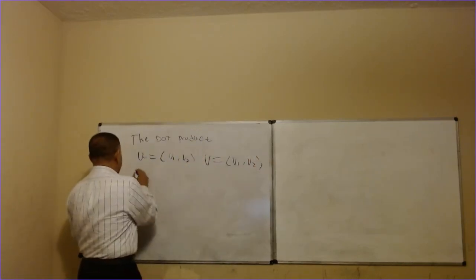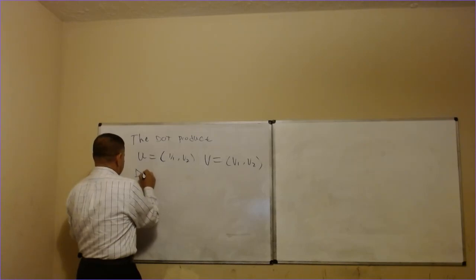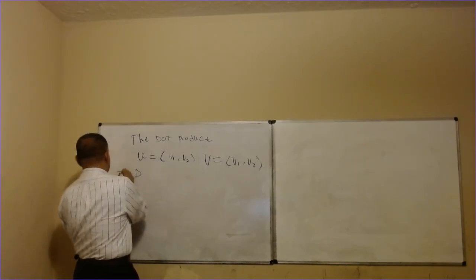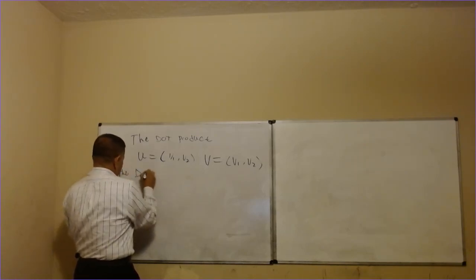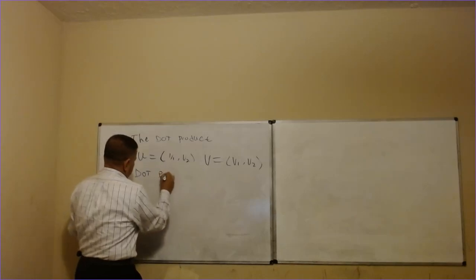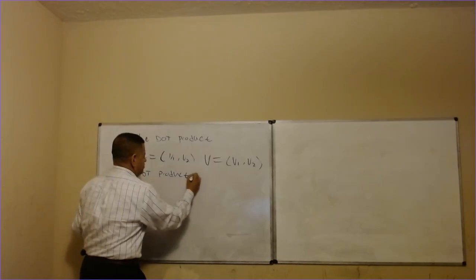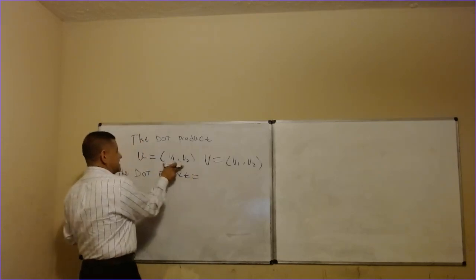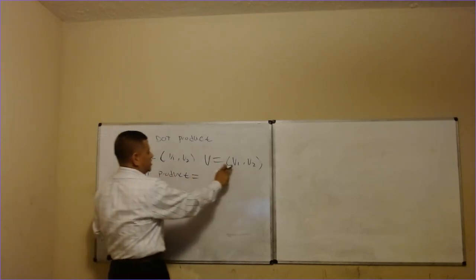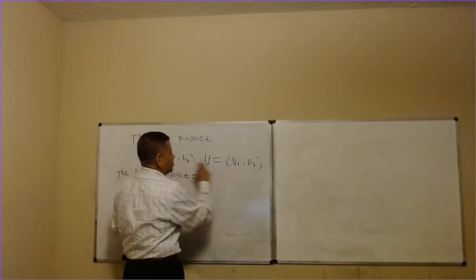So the dot product of this is going to be equal to this term times this term plus this term times this term, right?